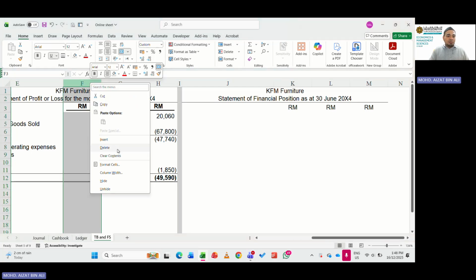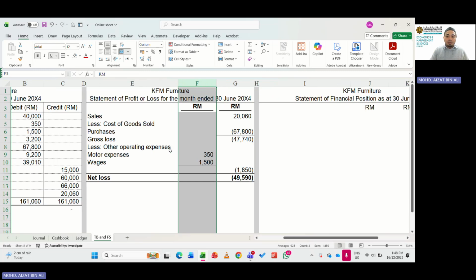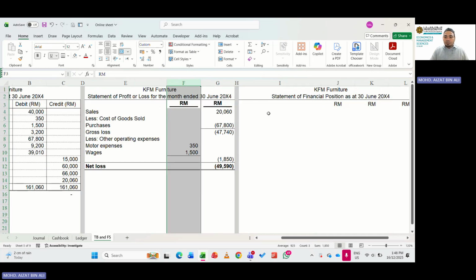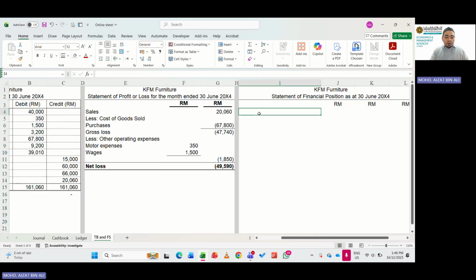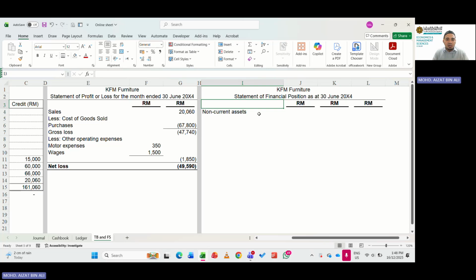Okay, next we're going to prepare our statement of financial position. So we don't have to have this extra column. Okay. Next, for this one, we're going to start with the non-current assets. Okay, for the non-current assets, wait, I like to have everything look the same. Okay.